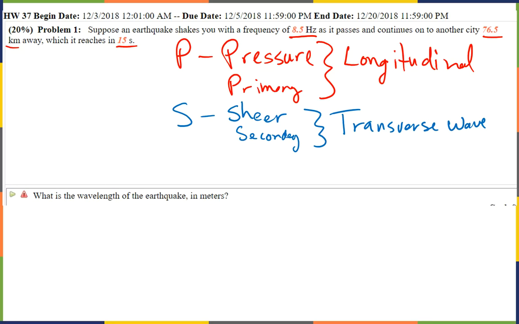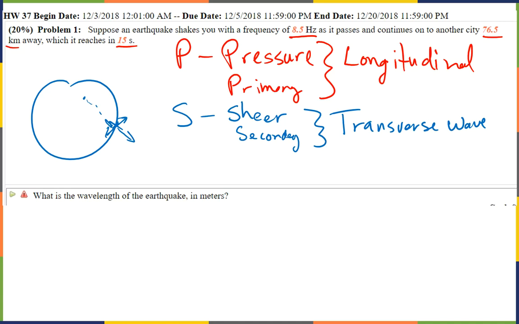Now, if you're not at the epicenter, here's the Earth, here's the focus, and let's say that you are here, you're going to have a wave that comes like this would make you go like that or like that. So you would have some different types of motion.